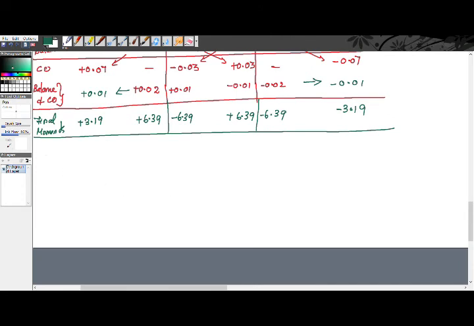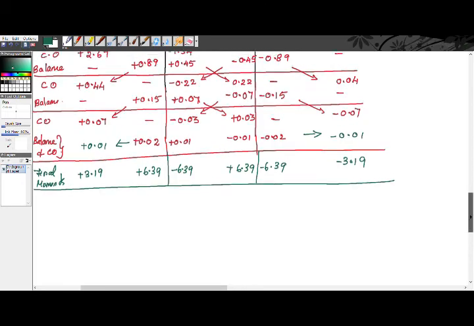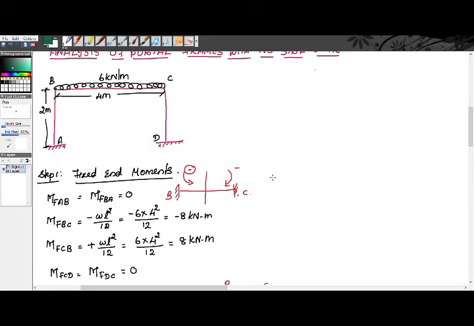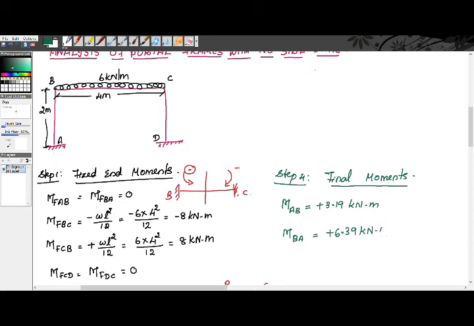So we will write our final moments as our step 4. Step 4 are the final moments. Final end moments: MAB is equal to plus 3.19 kilonewton meter. MBA is equal to plus 6.39 kilonewton meter.